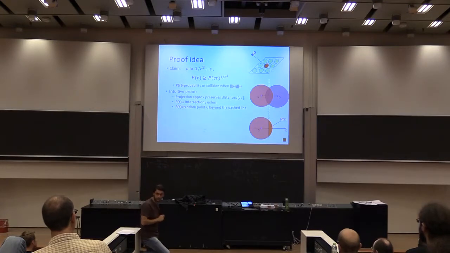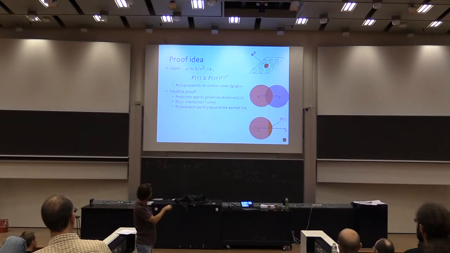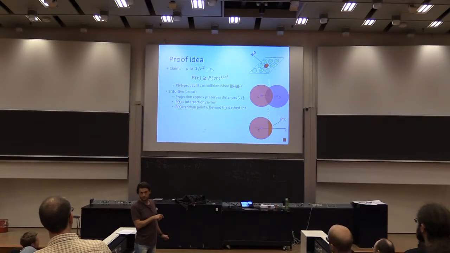Why is it only an approximation of the probability of collision? Because it is not quite true that the intersection divided by the union of these two balls is equal to the volume of the cap divided by the volume, since it's the volume of the union as opposed to twice the volume of the ball.